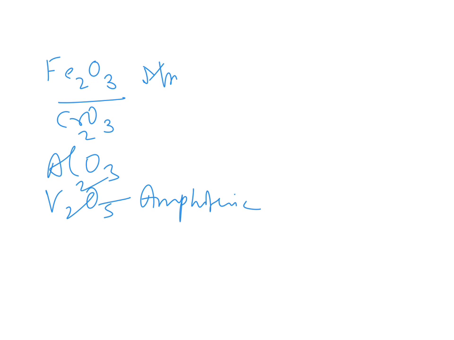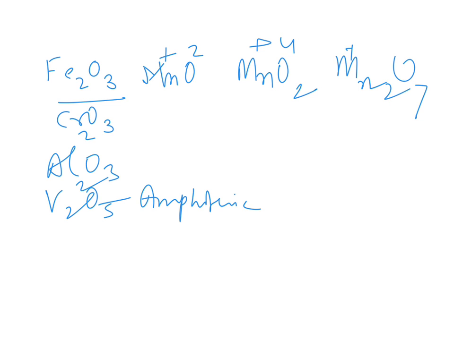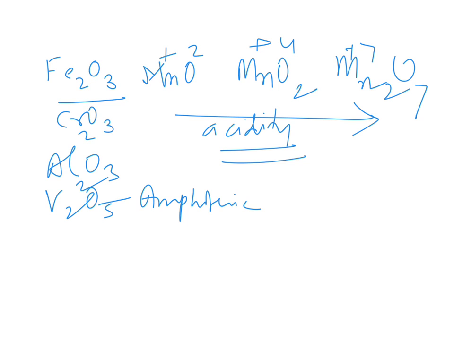Suppose you take the oxides of Mn, it can form MnO, MnO2 and Mn2O7. That is, you see that the oxidation number is changing from +2 to +7. Okay. As the oxidation number increases, you know that acidity will also increase. So more the oxidation number, more will be the acidic nature. Okay.